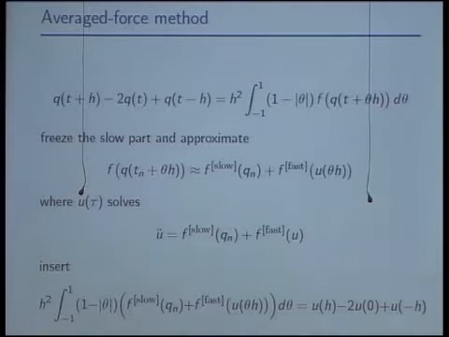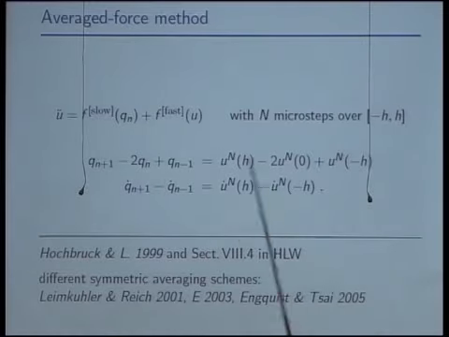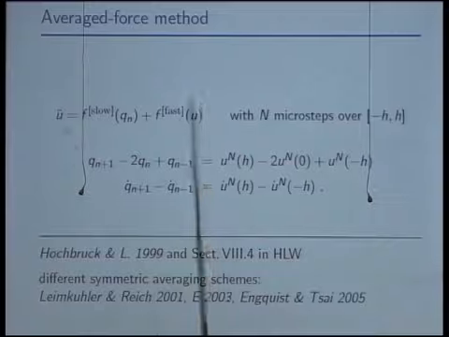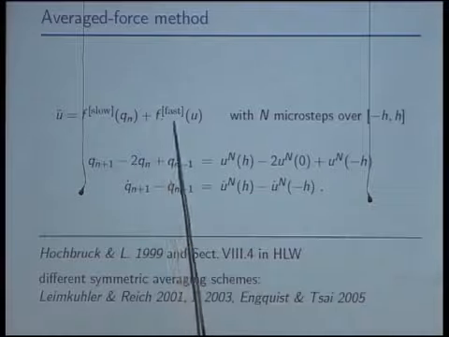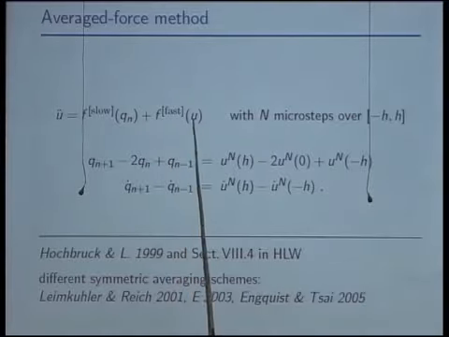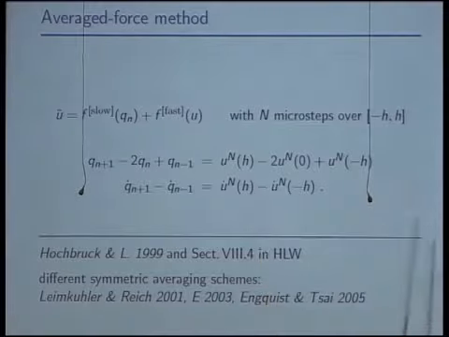Now this leads us to a numerical method where we solve this differential equation, which doesn't use evaluations of the slow part, only evaluations of the supposedly cheaper fast part.